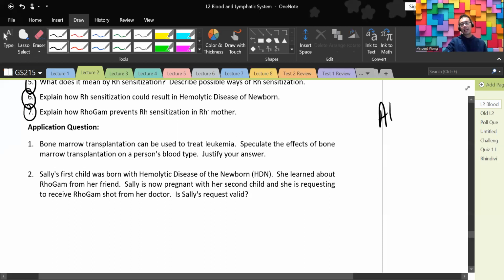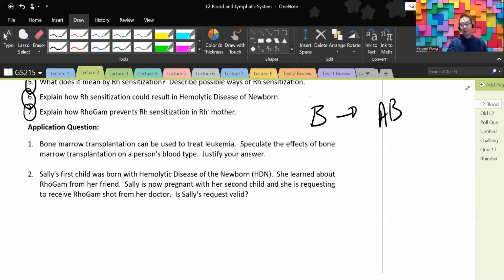So let's say the person is AB, and you do the bone marrow transplant, you can give bone marrow from a type B person. But afterwards, the blood type would change from AB to B because all the new stem cells from the donor would only produce type B blood, right?